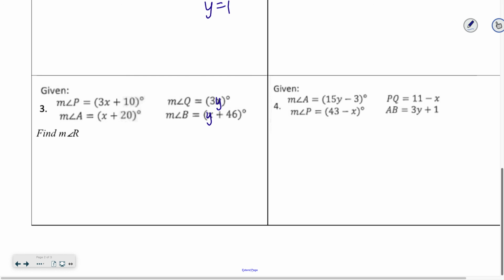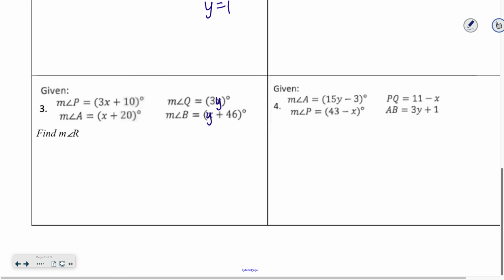Okay, now number 4 is a system. So if you, no, that's a lie. Hold on. Not number 4.